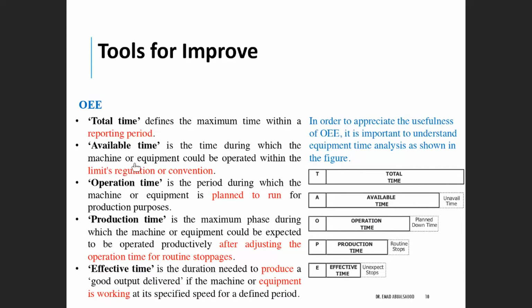So between those two, the total time and the available time, the difference is when you have some regulations for the working, where your equipment can be working or your factory, your store, your shop, your service can be provided. For example, restaurants are different from banks in terms of the total time and the available time.